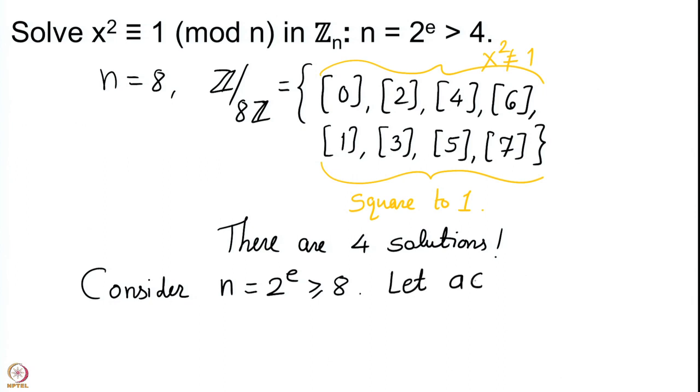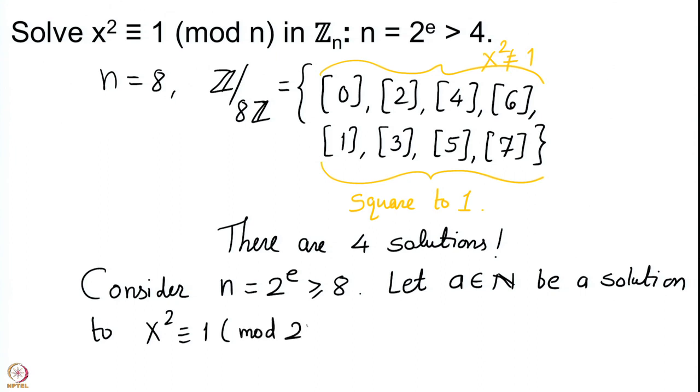Let a in the natural numbers be a solution to x square congruent to 1 mod 2 power e.